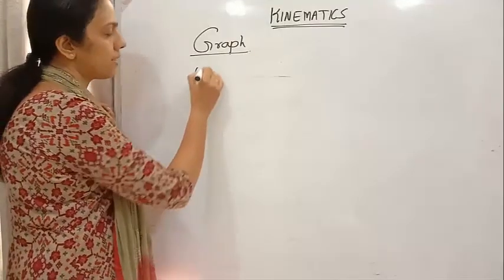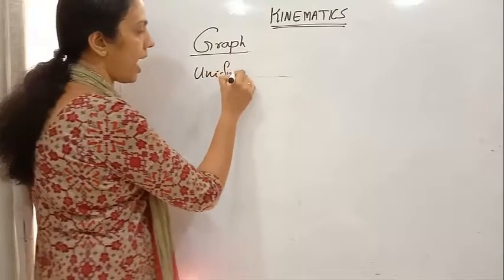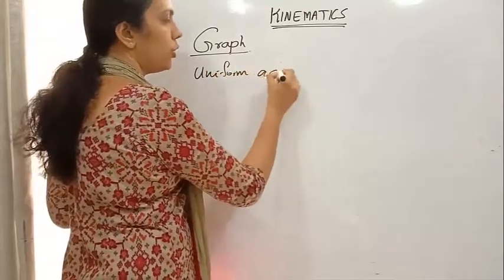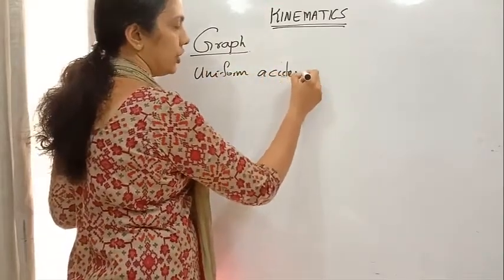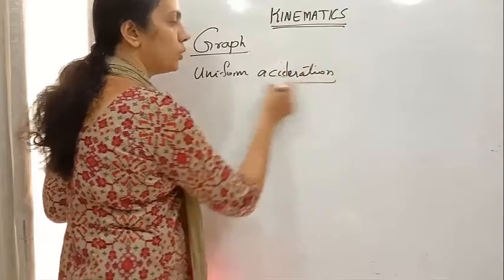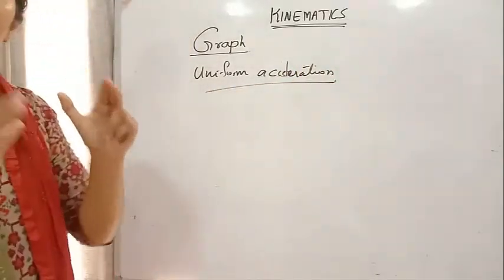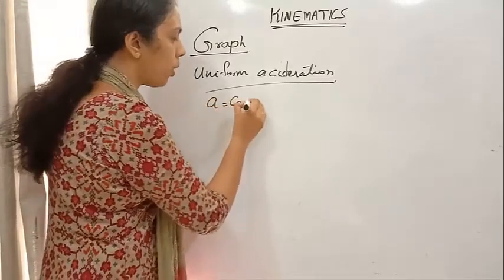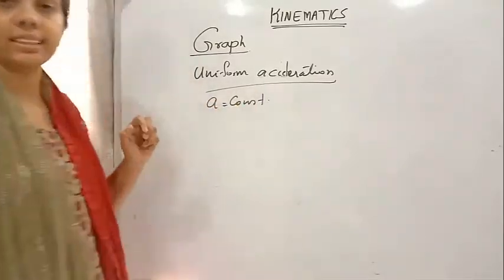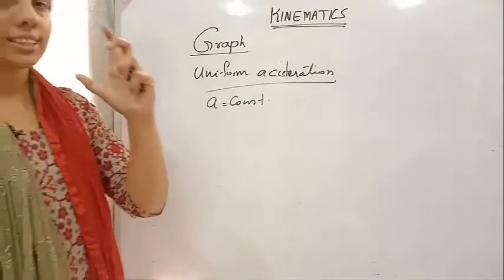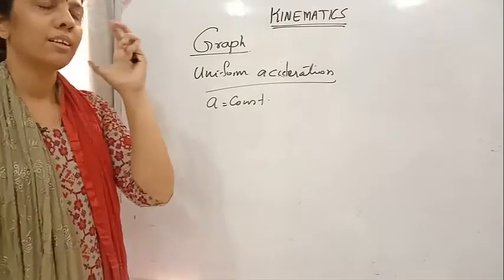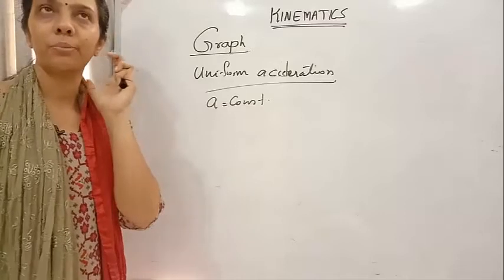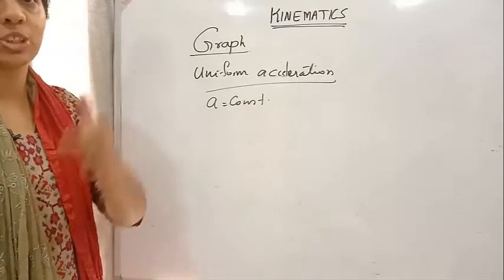Next we are going to consider uniformly accelerated motion. If the object is under uniform acceleration, that means acceleration is constant. Hearing uniform acceleration itself, we will be remembering the equations of motion, right?